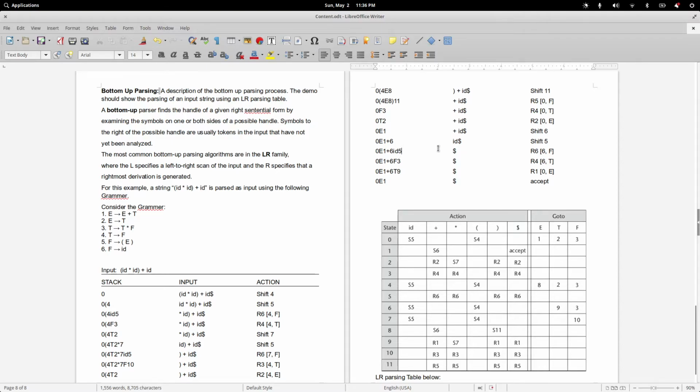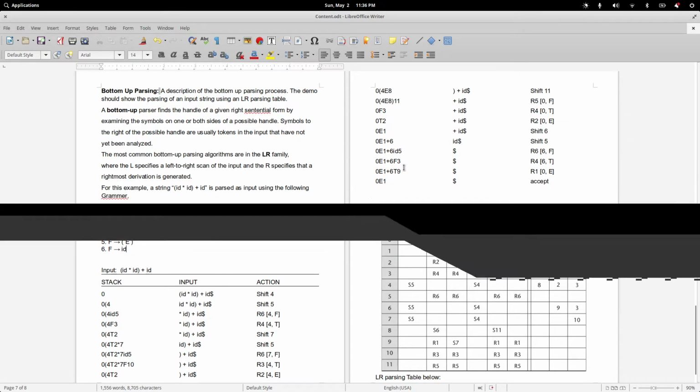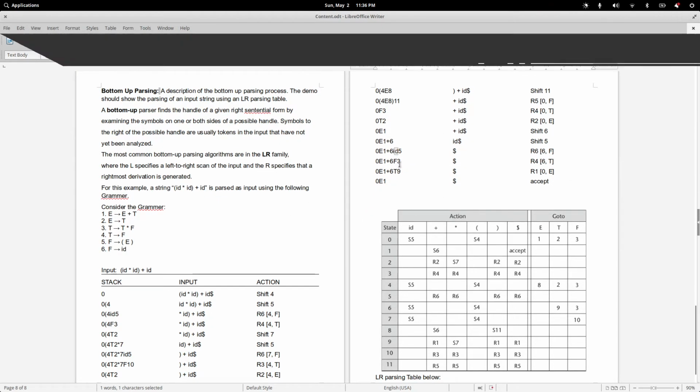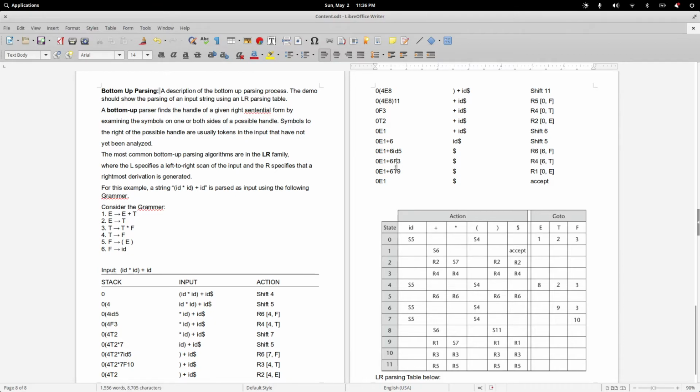And we're looking at 5 with the dollar sign now. 5 dollar sign tells us that we apply rule 6. Rule 6 states that id becomes F. So where we have id, we cap with an F, and we look up 6 F, which tells us that we go to 3.